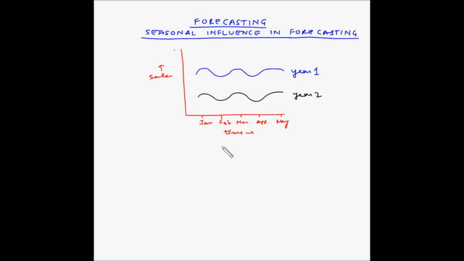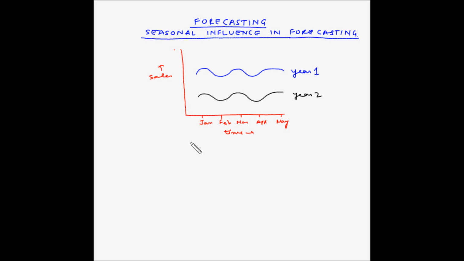Seasonality is the regular repeating upward or downward movement in the demand measured in periods of less than 1 year. For example, it can be hours, days, weeks, months, or quarters.